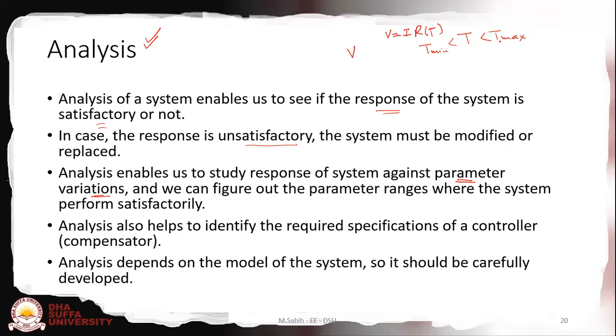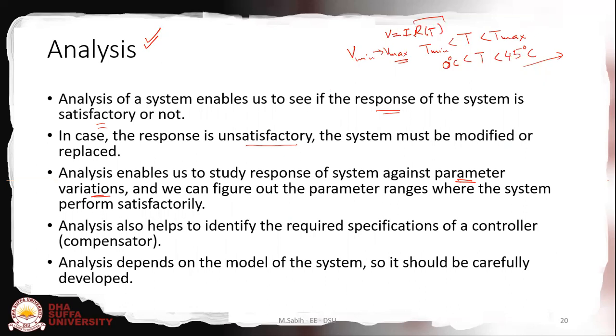Corresponding to that, V out will be from V minimum to V maximum, and then we figure out the range in which the resistor will behave properly, let's say from 0 degrees centigrade to 45 degrees centigrade. Beyond that, if it increases beyond 45 degrees, your voltage may be in a different range. So this is the parameter variation.